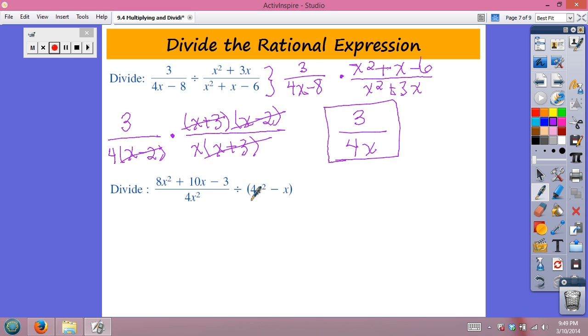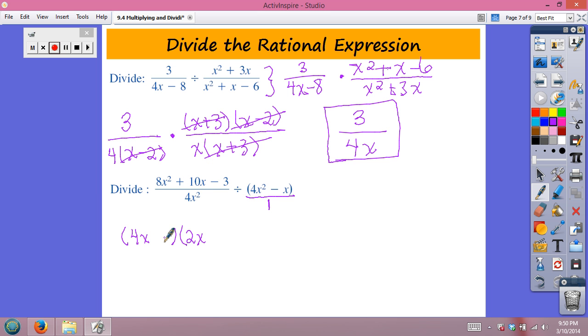So again, if we're dividing this next one, remember, this is still over 1. So when we flip and multiply by the reciprocal, we're going to have to take it times 1 over this. So if we factor first, in the numerator for our first fraction, we are going to factor it into 4x and 2x.